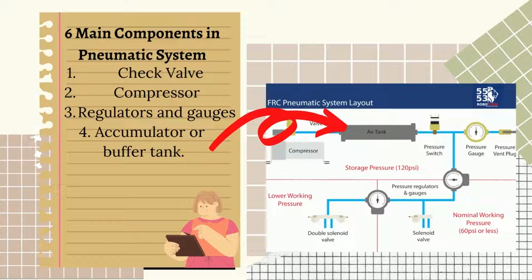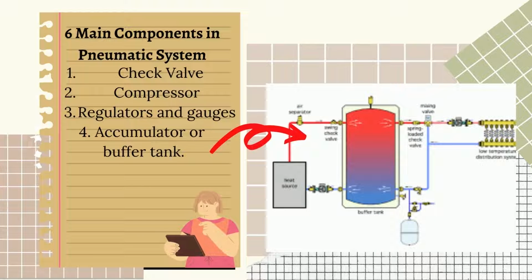The fourth main component of the pneumatic system is called the accumulator or buffer tank. As you can see from the picture, the buffer tank is a secondary storage unit for the compressed air that came from the compressor. They store the high PSI compressed air for the pneumatic actuators.